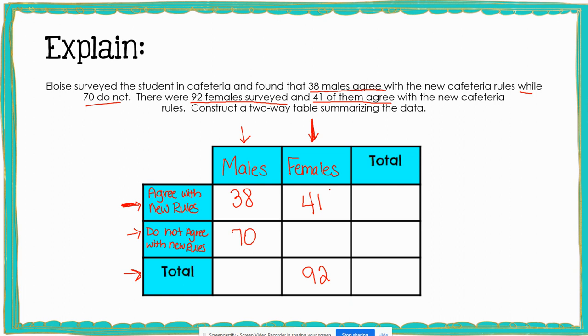However, we do have enough to figure out the rest of this table. The first thing I can figure out is how many total males were surveyed. I know that 38 agree with the rules and 70 do not. So to figure out how many males were surveyed, I can do 38 plus 70, which is going to give me 108.